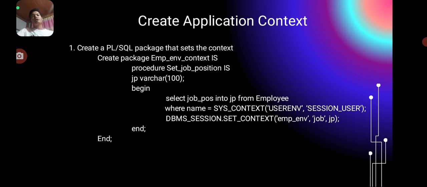First is to create a PL/SQL package that sets the context: CREATE PACKAGE EMP_ENV_CONTEXT IS, and PROCEDURE SET_JOB_POSITION IS, with GP declared with size 100, and then SELECT job_position INTO GP FROM employee WHERE name = SYS_CONTEXT('USERENV', 'SESSION_USER'), and DBMS_SESSION.SET_CONTEXT('EMP_ENV', 'JOB', GP). Whatever the user inputs, the application context result or value should still be correct.